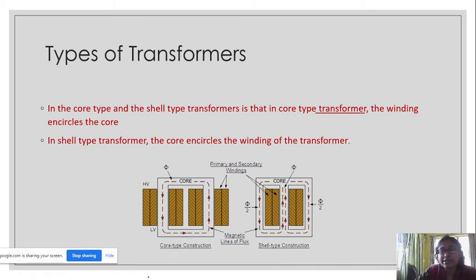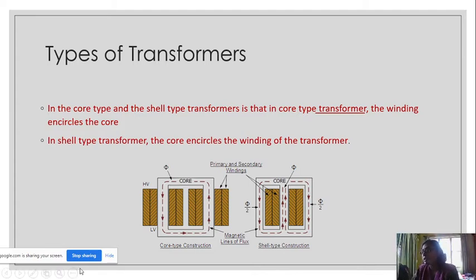Okay, so what I would like to say is that, as per construction, the transformer is a device having an electromagnetic material within it, so that the flux can move.